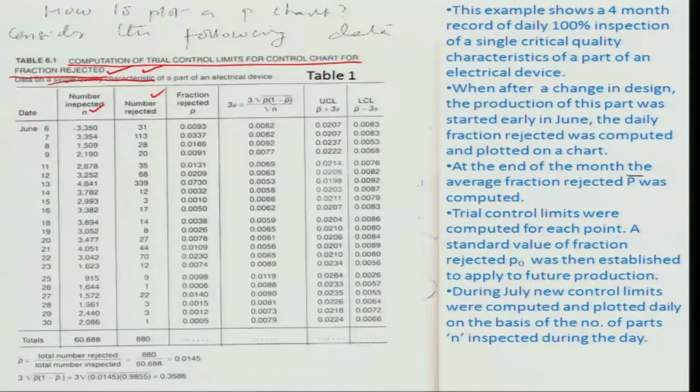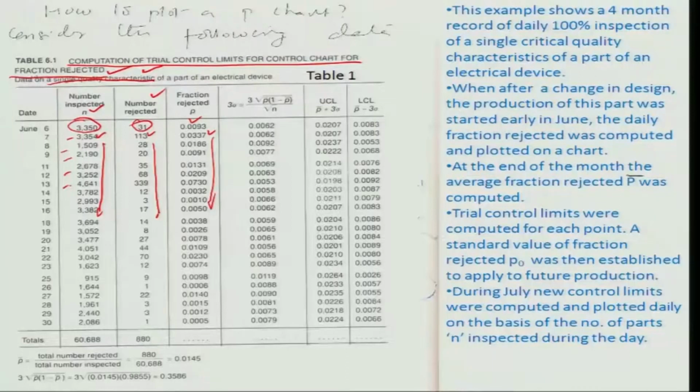So, you can see that on 6th June about 3350 items were inspected, out of which 31 were rejected. So, the fraction rejected came out to be about 0.93%. Similarly, on June 7th it was 3354, number rejected is about 113, fraction rejected is 3.37%, and so on and so forth. So, this shows on a daily basis the number of items inspected, and you can see that the subgroup size of the inspected numbers is quite variant.